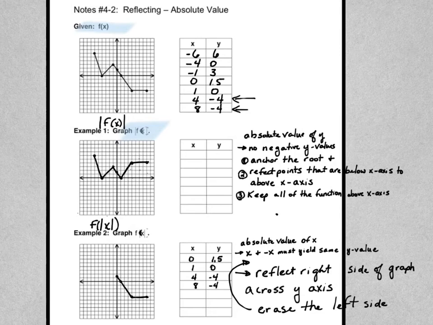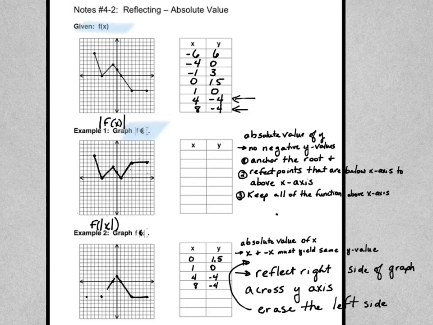Now, we've got to reflect this graph, so it has to have a mirror image now. So, I'm going to have a point here at 0, 1.5, and then I've got points at 1, 0, 4, -4, and 8, -4, mirrored on the other side.